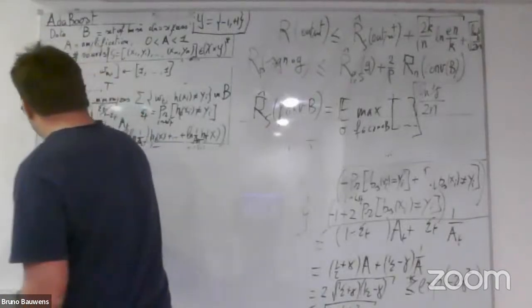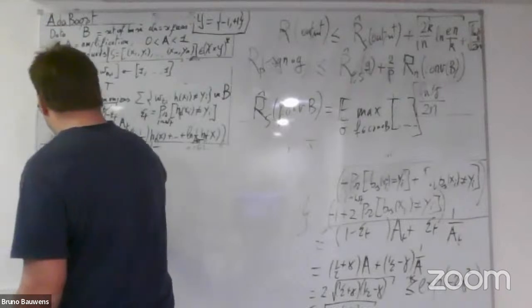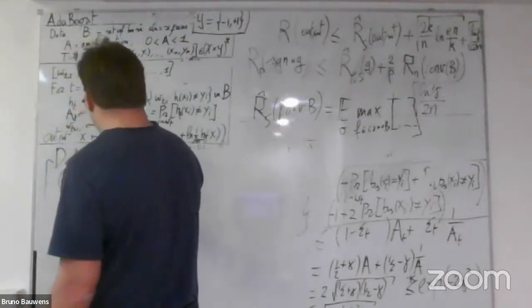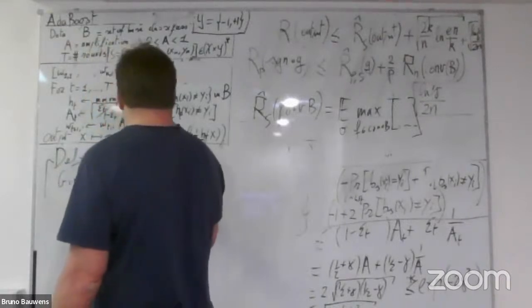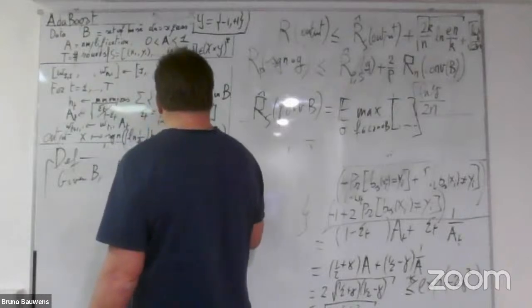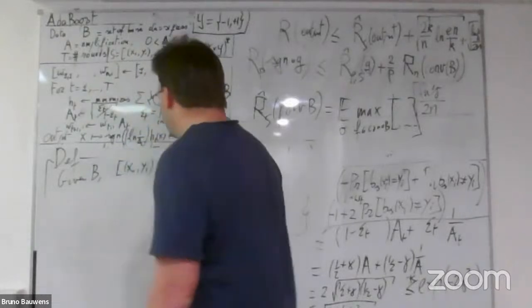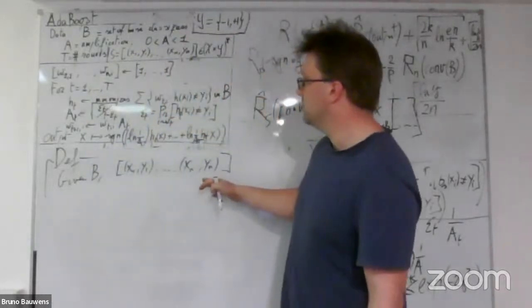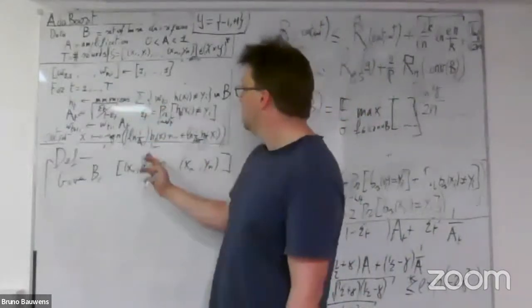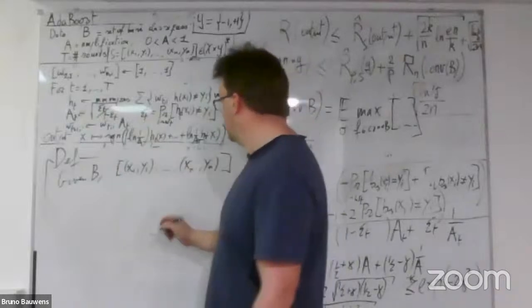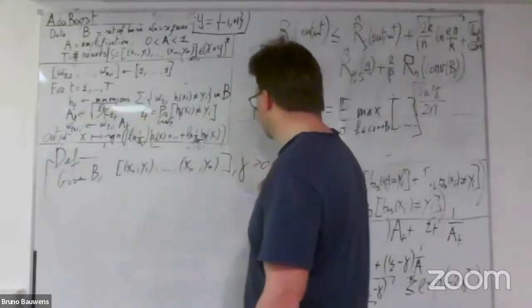Given a data set x1, y1, and so on, xn, yn, and a set of base classifiers, we say that the weak learning hypothesis is true if for every vector w, we can have epsilon, and we also need gamma bigger than 0.